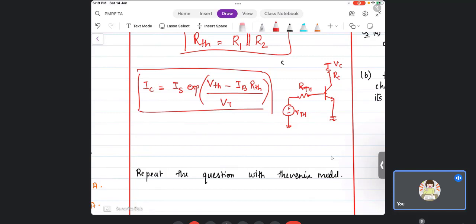in intermediate results. Okay, so the iteration for this will go like, you will first assume a VBE and find VB, you will find IB, you will find IC from there, and again from IC you will find VB, and so on. This is our iteration process.